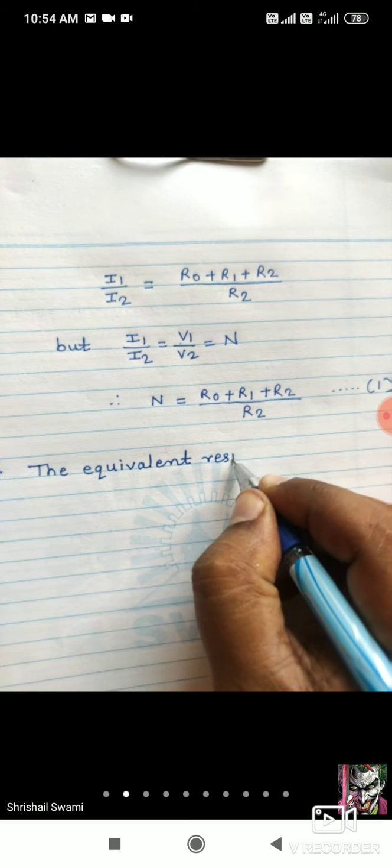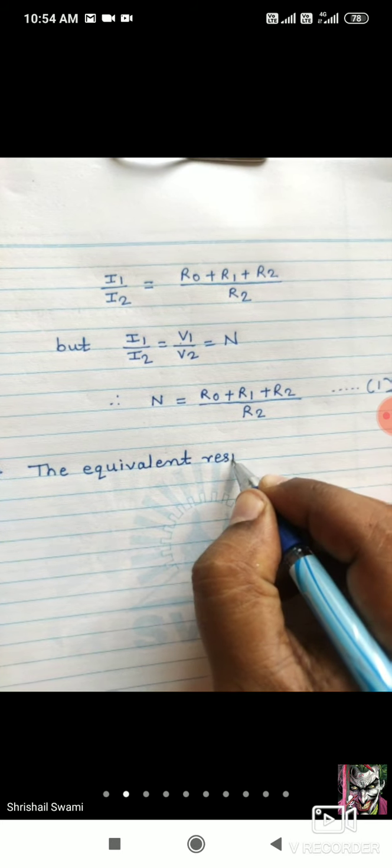R1 and R0, how are they connected, series or parallel? Series. So R1 plus R0 will come, and that is in parallel with R2, and that combination is in series with R1.